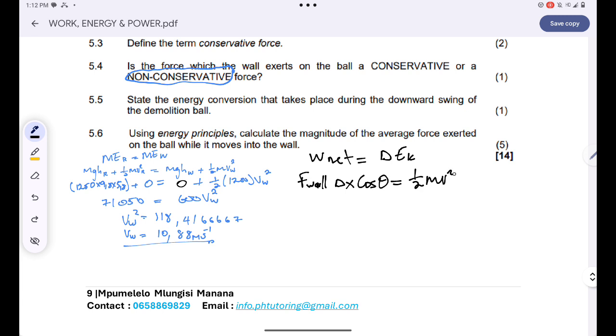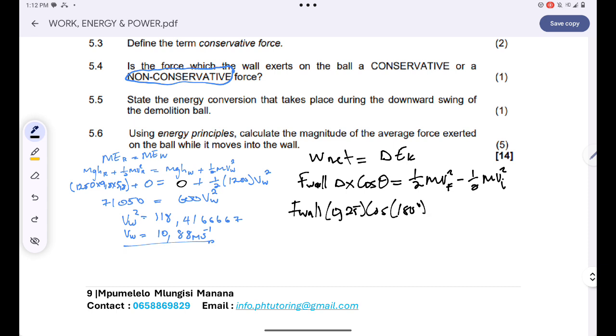Half mv squared minus half mv squared. That's final and initial. I don't know the force, but I do know that my object will travel a distance of 0.25. Are you together? Cos of 180 degrees.